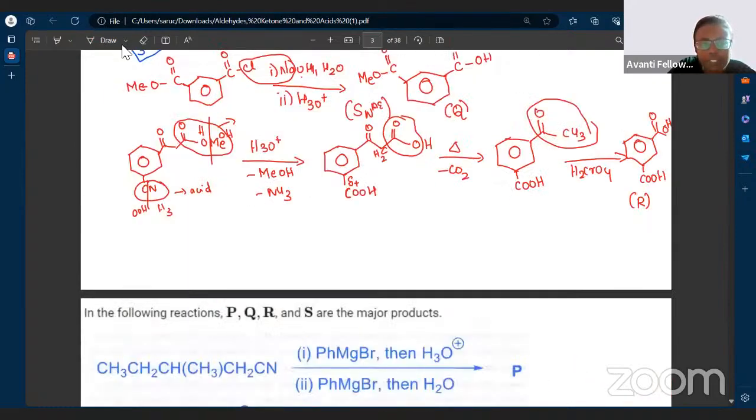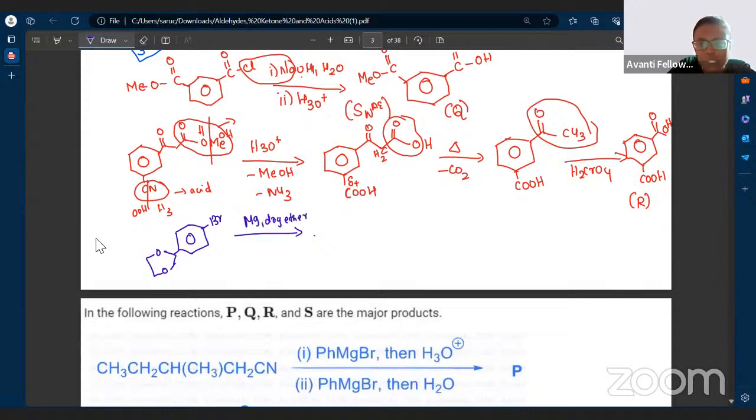What will be the product? What reagent will you be getting? You have Br, and here you have a dioxane. Okay. So now we are treating it with magnesium in dry ether.